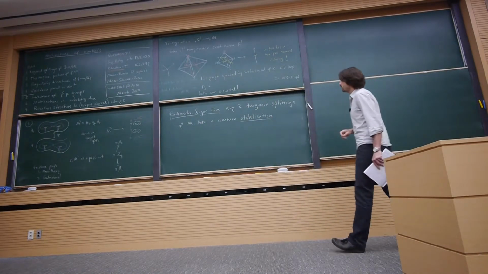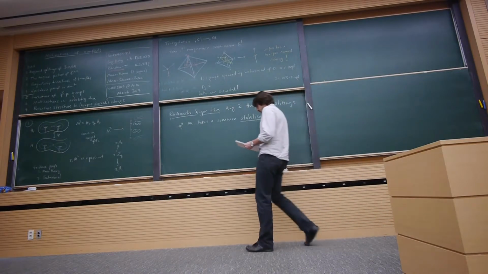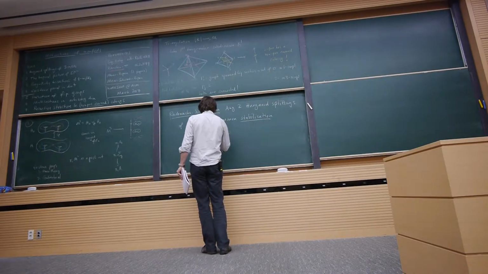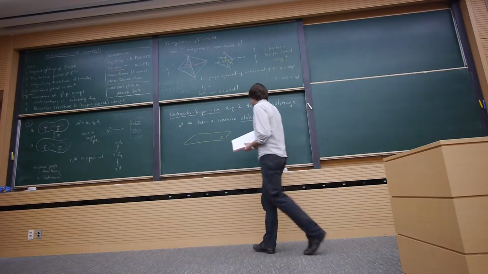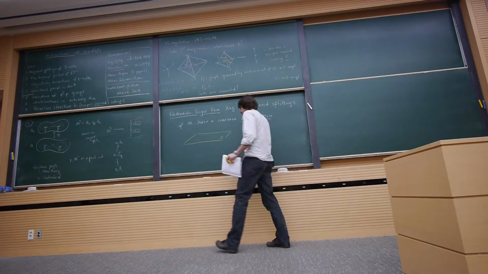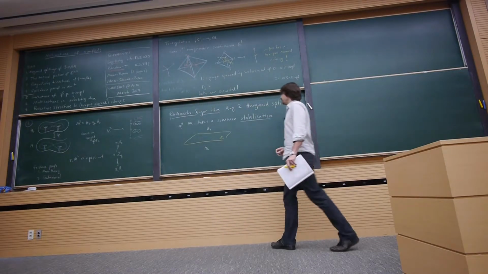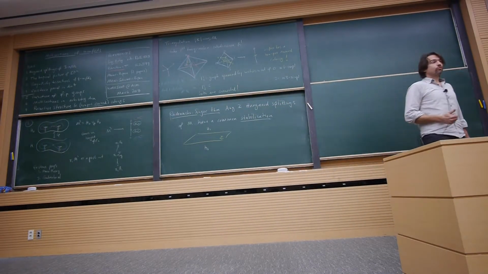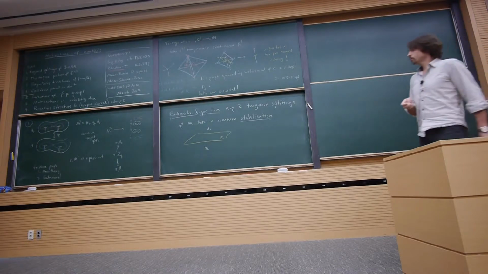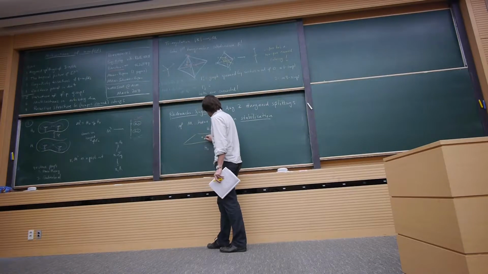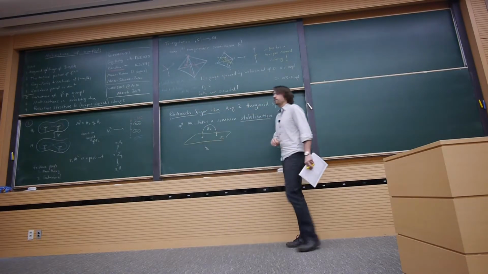So let's look at this locally. Here's my surface sigma, and here's my handlebody H0, here's my handlebody H1. Now what I want to do is increase the genus. I could take any old arc starting at H0 and going out here, and then coming back here to sigma.